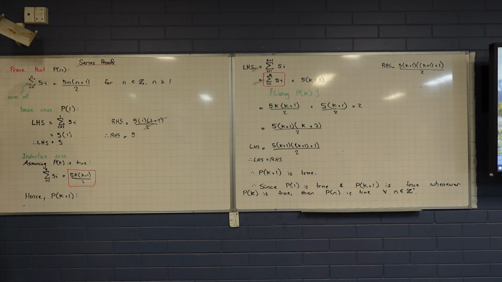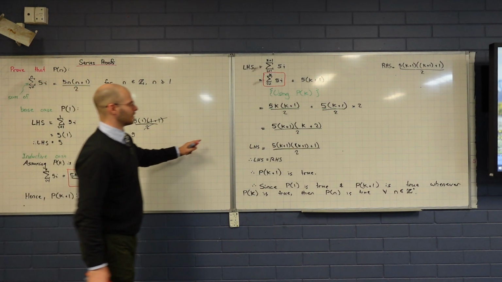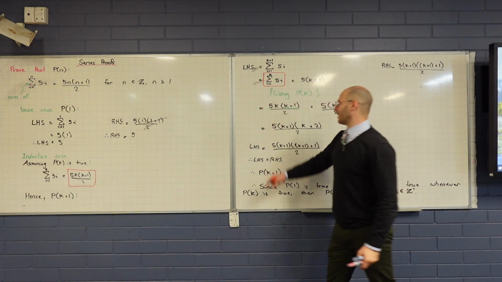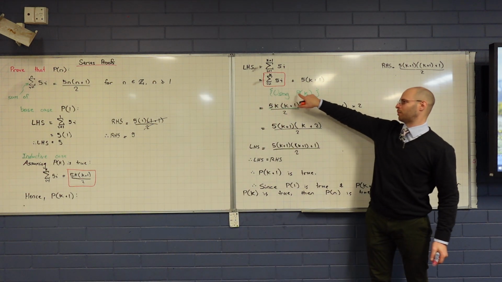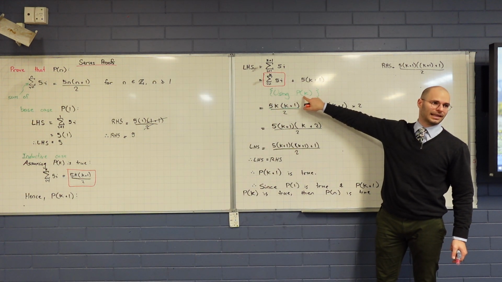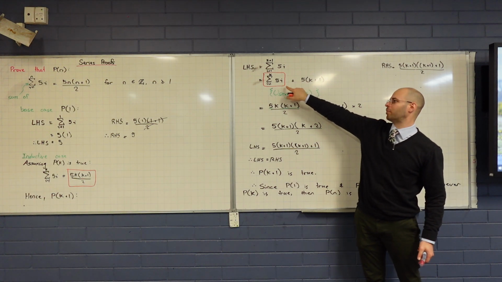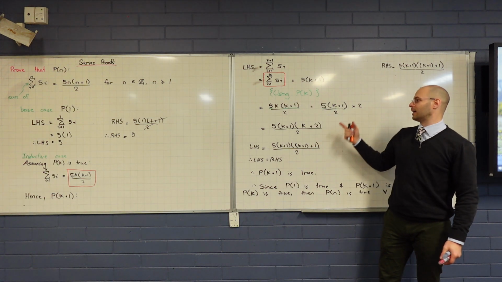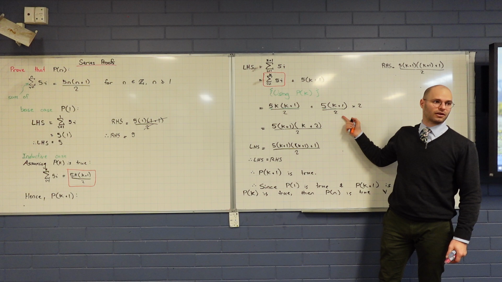The strategy for these ones is that when you get to the inductive case, you wind it back to the kth term, and then you just sub the P of k back in. And then it's a matter of we're checking, can you algebra?